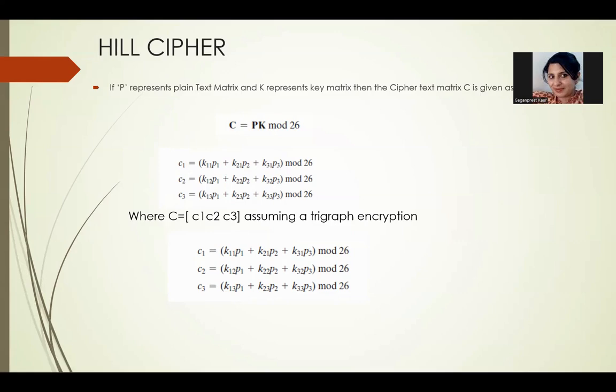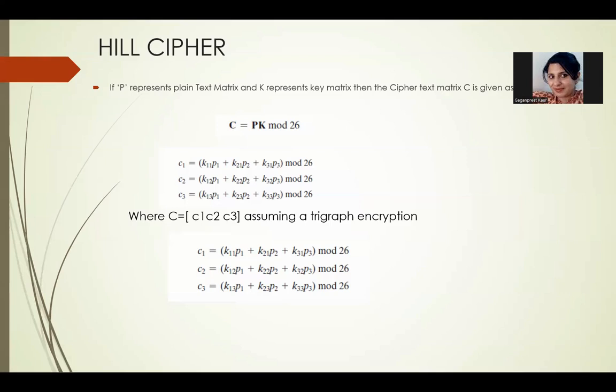If I'm going to encode a trigraph, the key will be a 3 cross 3 matrix. If it is a digraph, then my key will be a 2 cross 2 square matrix. So my ciphertext will be a 2 cross 1 vector, that is 1 row of 2 different elements. My plain text would be 1 row of 2 characters or 2 alphabets.